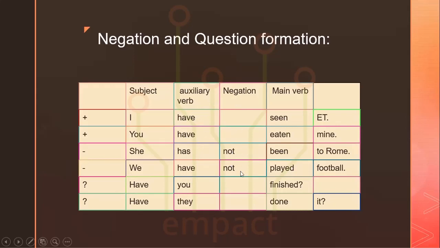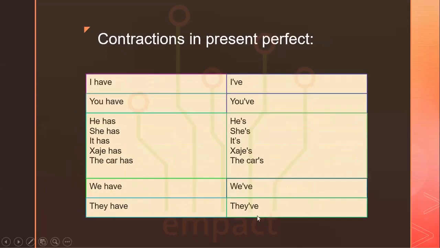For negative, we need only not with have or has. The main verb should be in PP form. Whenever I want to make a question, I have to put have or has at the beginning of my sentence. Later, I'm going to write some different examples and we're going to change them together into negative and question.